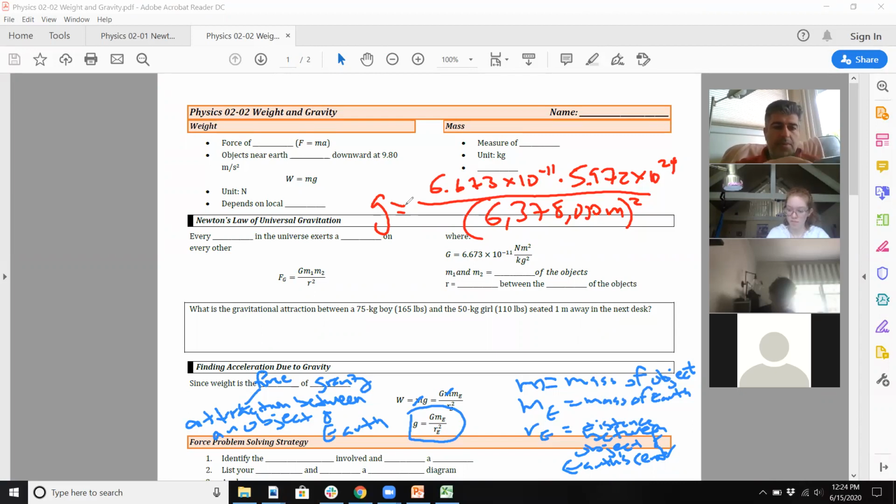I'm going to do it on my cell phone here, which, again, is not as smart as a graphing calculator. So let's see here. 6.673 times 10 to the negative 11, times 5.972 times 10 to the 24 power, divided by, in parentheses, 6,378,000 squared.